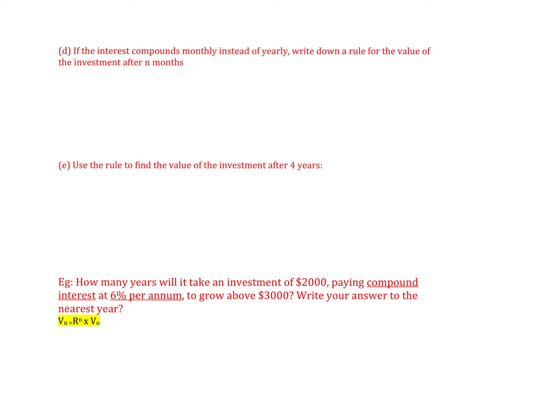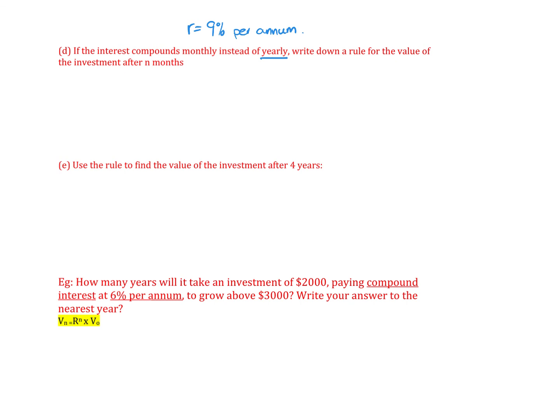All right, it says if the interest compounds monthly instead of yearly. So really the rate before was 9% per annum. If you look back when they calculated the R, the little r was 9% per annum. It says write down a rule for the value after n months.